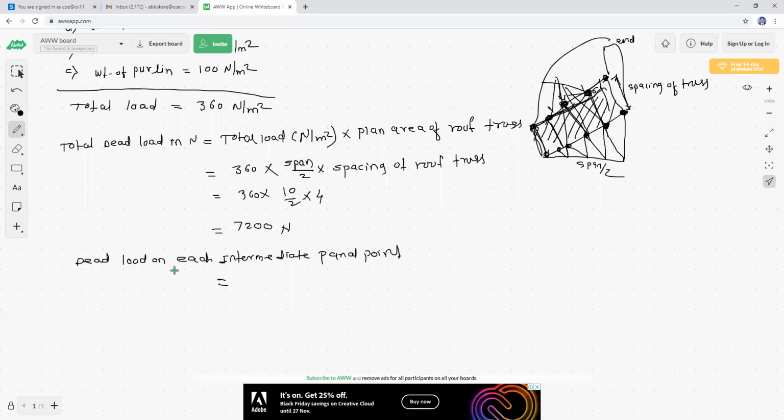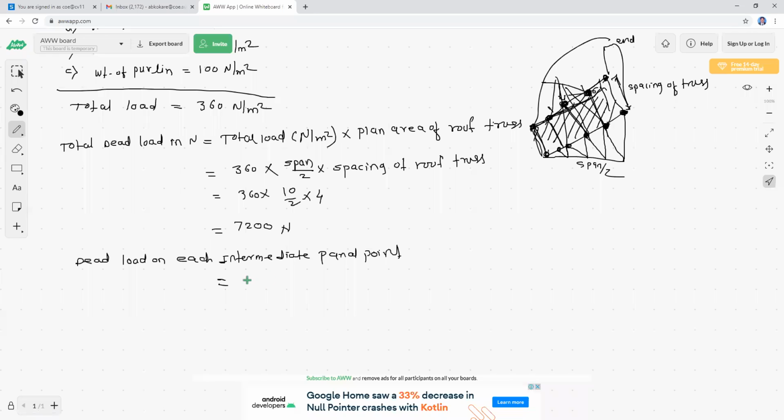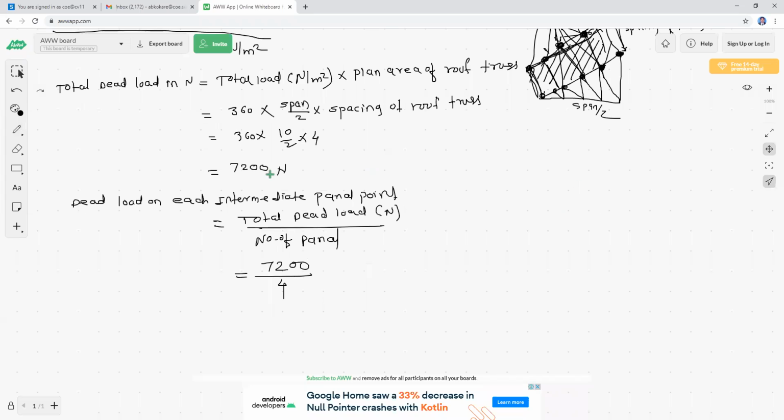So total dead load on each intermediate panel point is equal to total dead load in Newton divided by number of panels. So total dead load is 7200 divided by how many panels we have selected? I think 4. Okay, so 4 panels we have decided. So calculate dead load on this particular panel point.